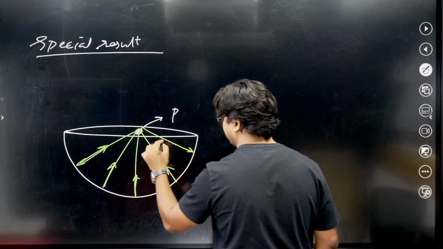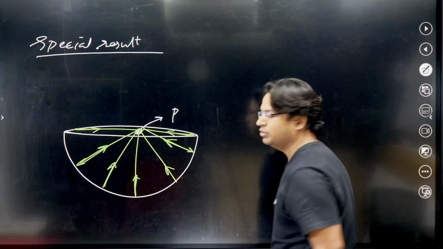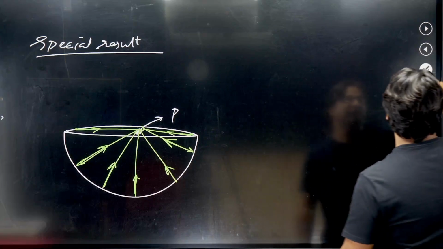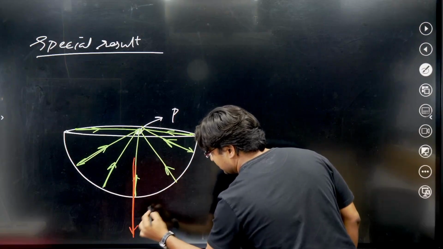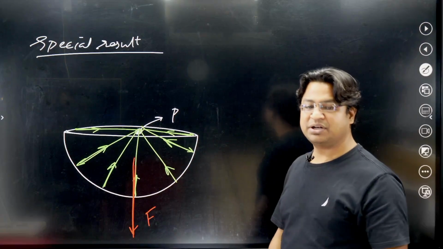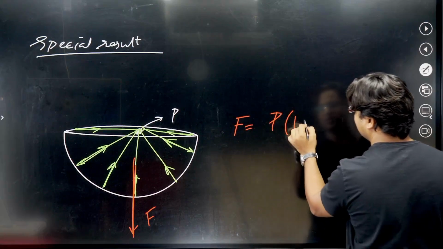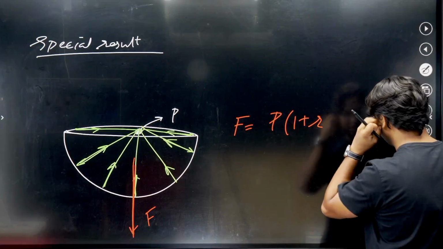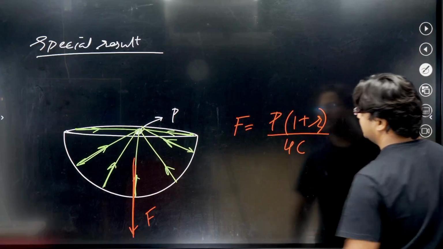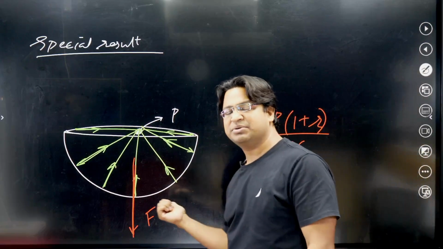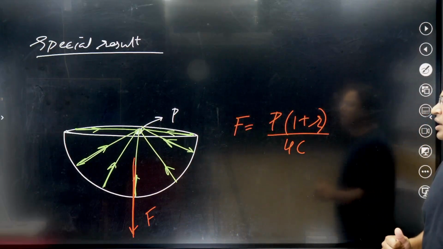Some part of the radiation will be reflected back. If I ask you in which direction you expect the force on this hemispherical bowl, you will probably say this, because of symmetry, which is correct, and this force will be given as P into 1 plus R, by 4C. So this is the formula. This is derived on the basis of integration. You can just remember it and use it if there is a need.